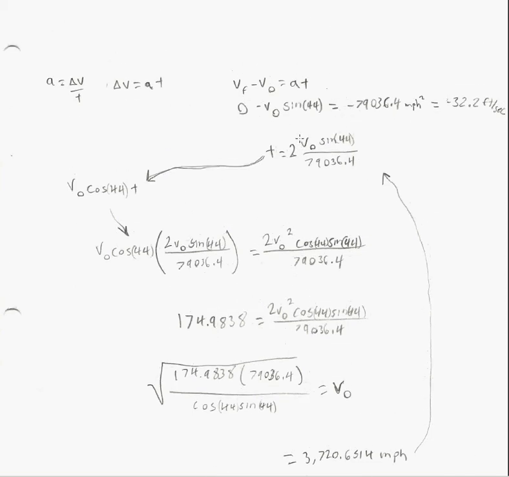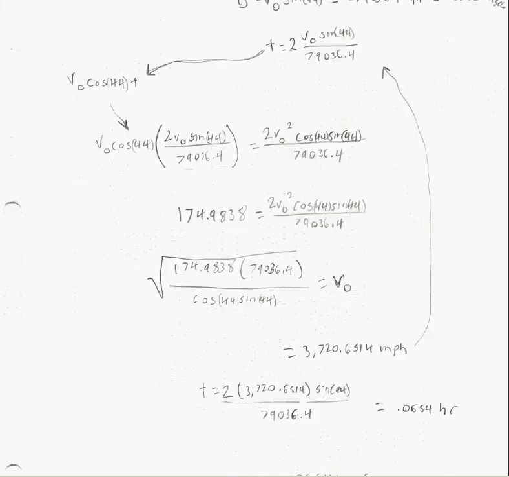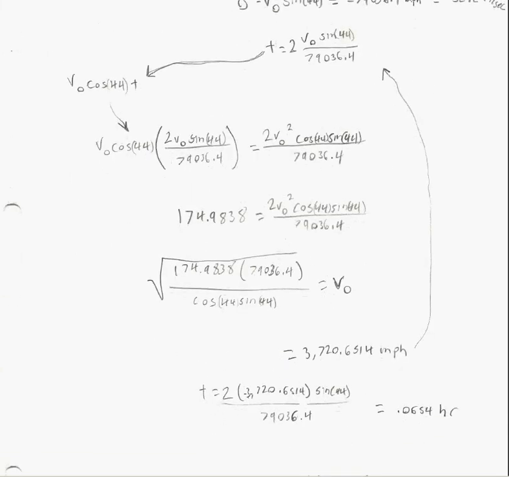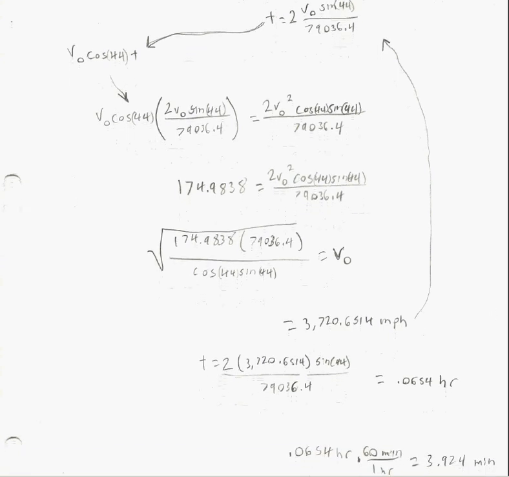Now that we have our v naught, we go right back up here. You plug our v naught into this equation here, and you'll get t equals 2 times our initial velocity times sine 44 over 79036.4, and that comes out to 0.0654 hours.